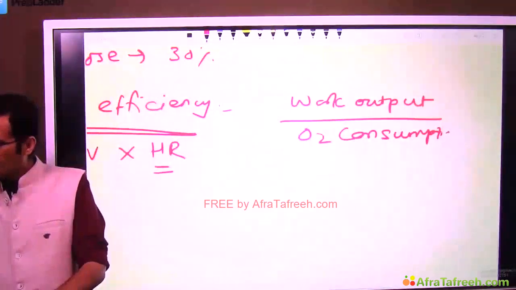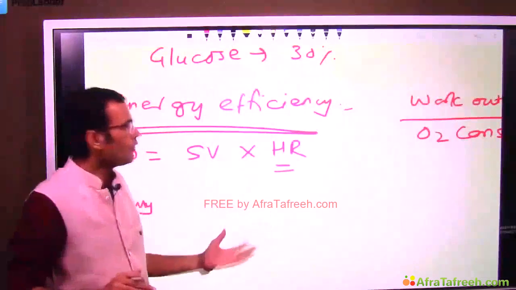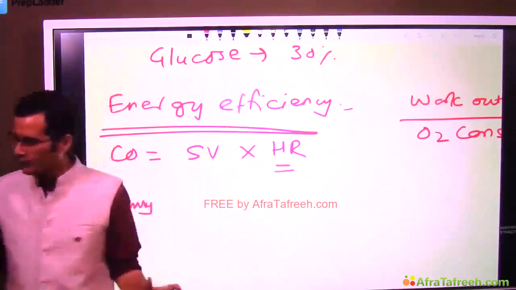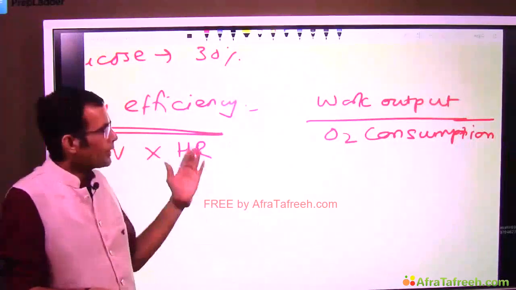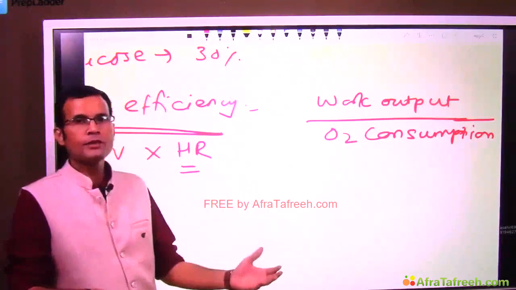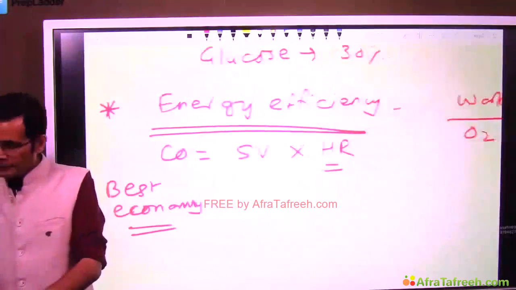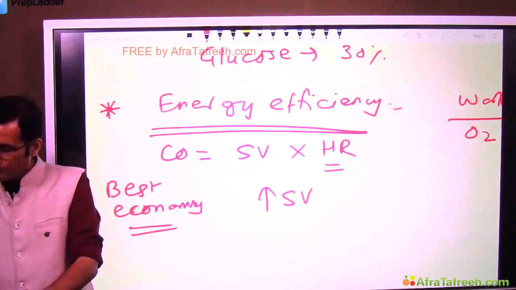That ratio is called the economy of an organ. Here we are talking about economy of the myocardium. So how much oxygen is consumed by the myocardium and how much work output is given. That ratio.